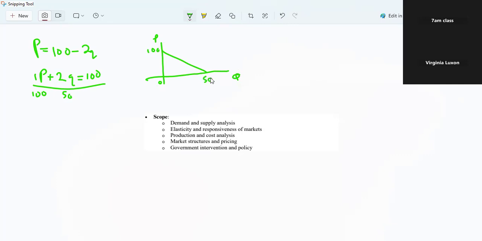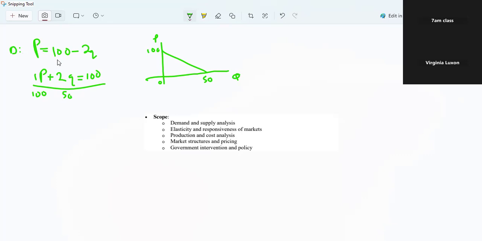Are we together? Wait, Collins. The other part, you're just changing the subject of the formula. Not really, I'm just putting the letters on one side. This is our demand function. I want to put the letters on one side, so the P is here. Then this negative 2Q, when it crosses the equal sign, will be positive 2Q.